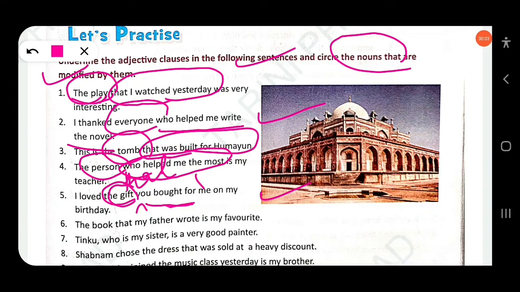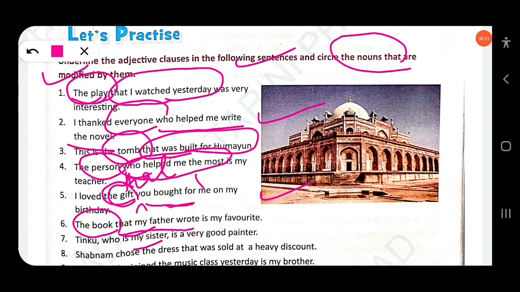Then next, the book that my father wrote is my favorite. That my father wrote is the adjective clause, so you have to underline it and circle the noun, the book. Then next, Tinku, who is my sister, is a very good painter.